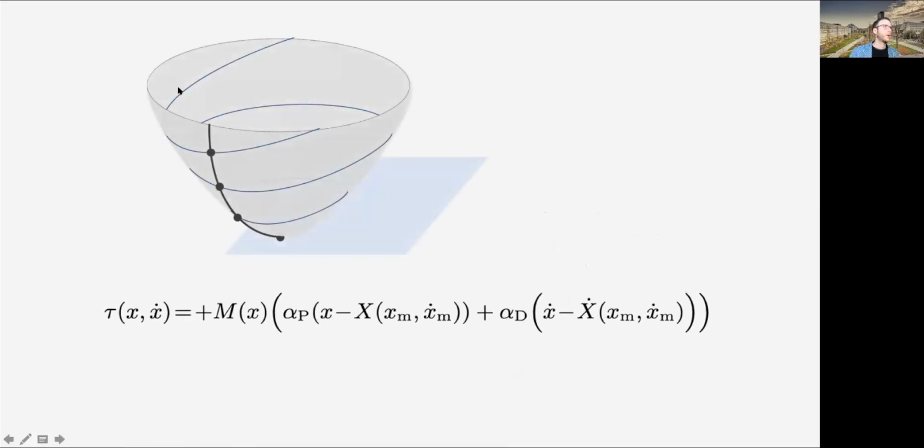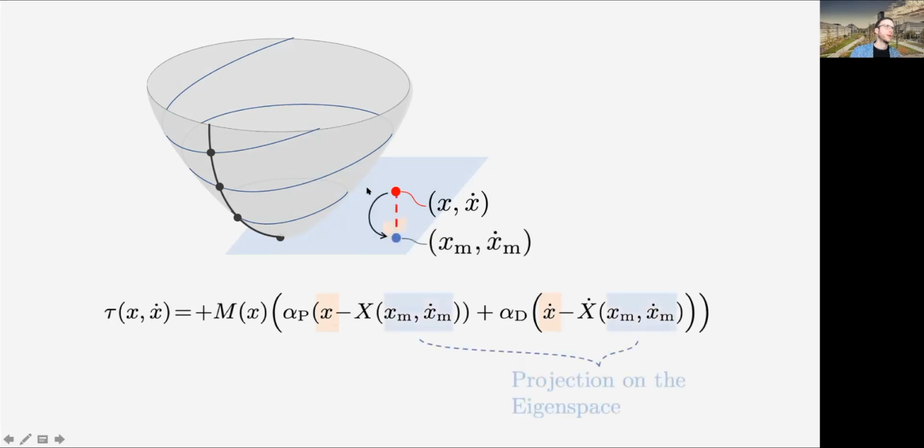So we have here our eigenmanifold, and we have the tangent space at the equilibrium to the eigenmanifold. If we take a generic point outside the eigenmanifold, x and x dot, we want to define the distance. What we do is that first we project, in a Euclidean manner, the point onto the eigenspace, so onto the tangent space, and we obtain these two, xm and xm dot.